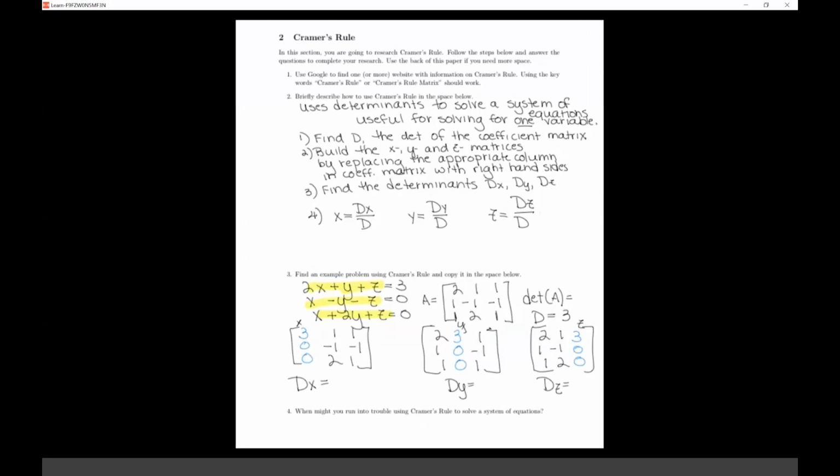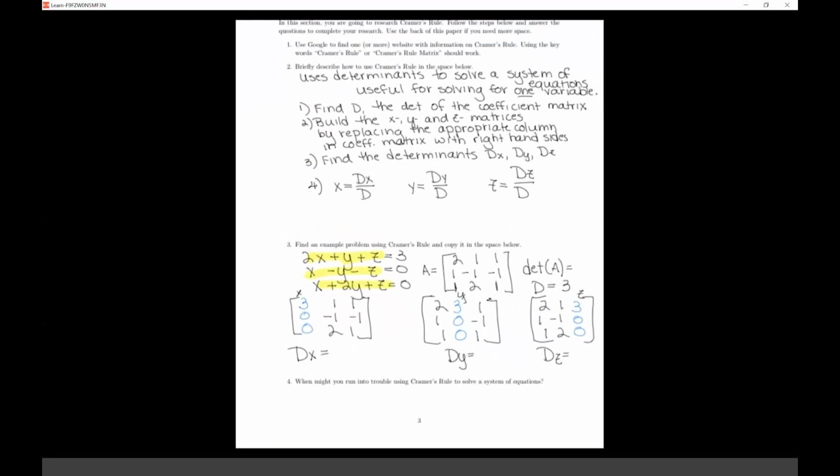So that means I need to go back and, in Symbolab, replace in the coefficient matrix the relevant columns with 3, 0, 0 and run determinant 3 times. Everybody understand the strategy? Everybody good with the strategy? So I'm starting out with my coefficient matrix and I'm just going to replace the columns one by one.